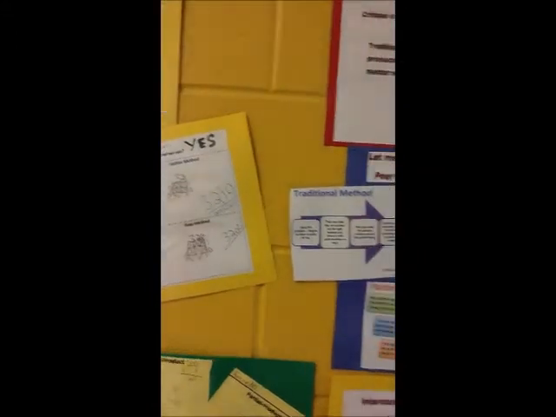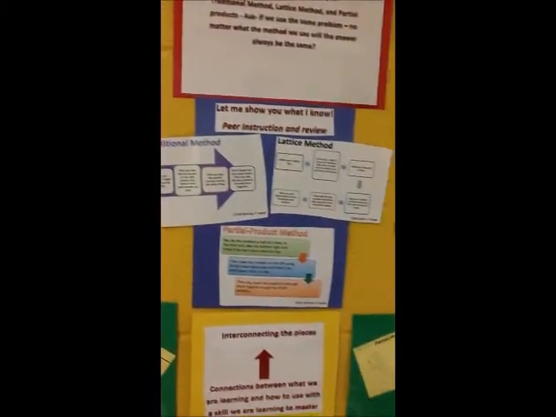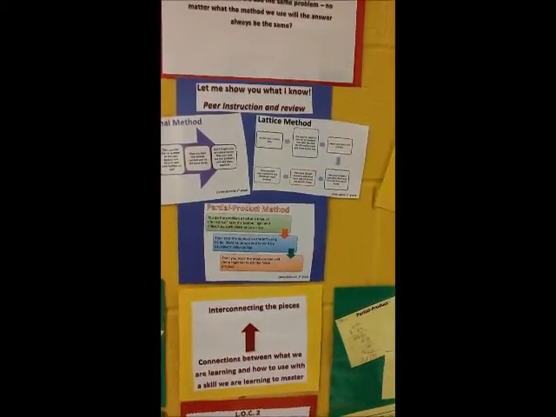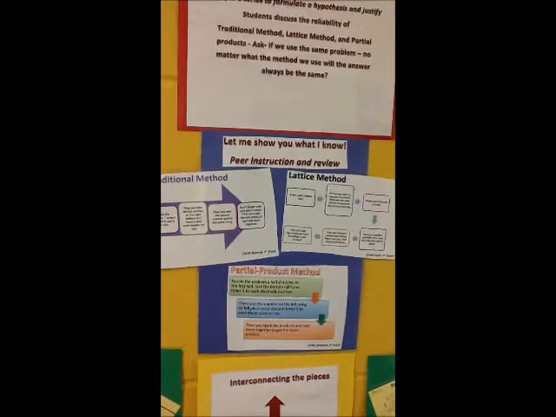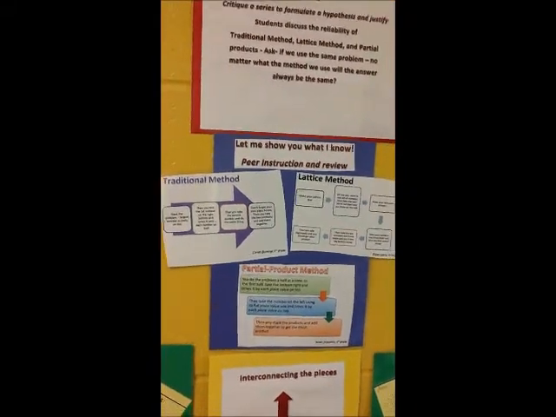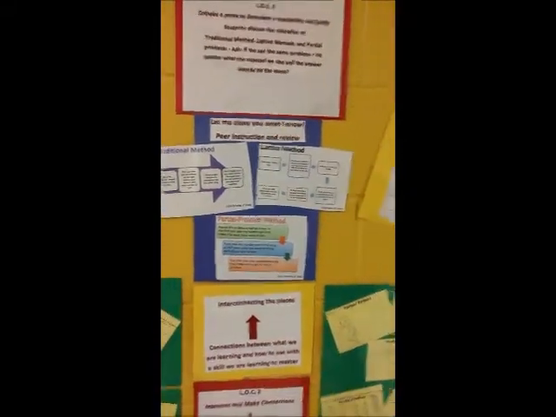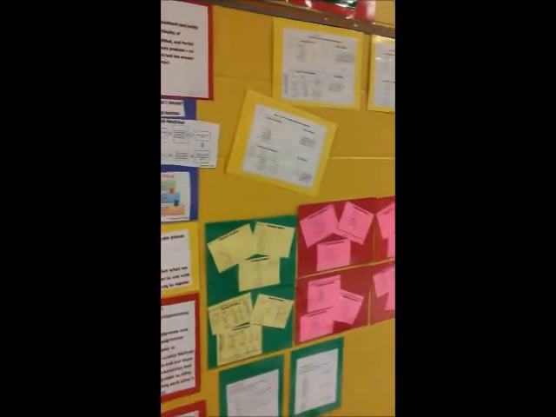They just had to find a method that worked for them. And then we also had kids explain the methods in words as our LOC 3, which is the blue. So after this activity, are the kids showing improvement on their multiplication skills? Some of them.